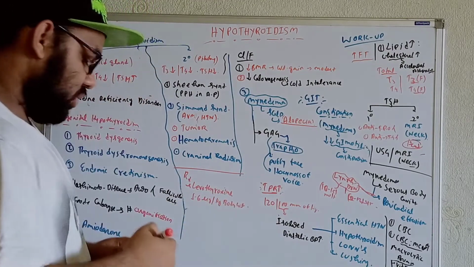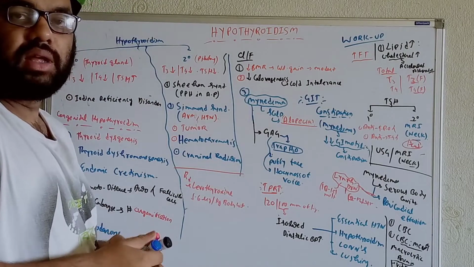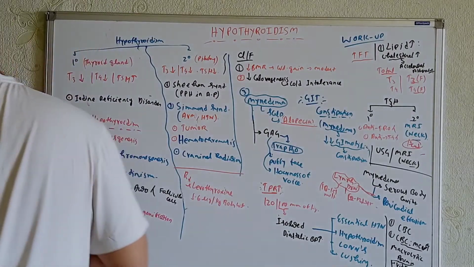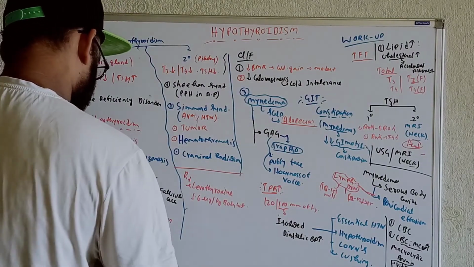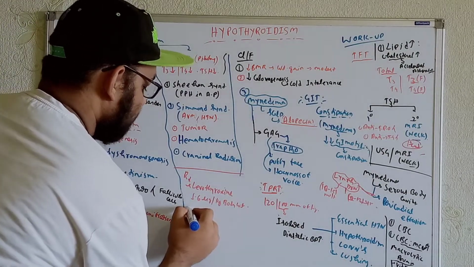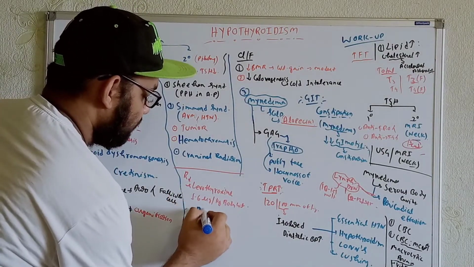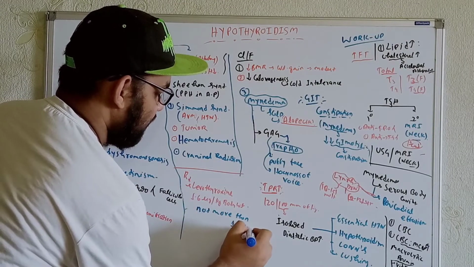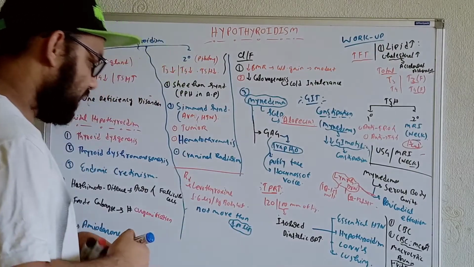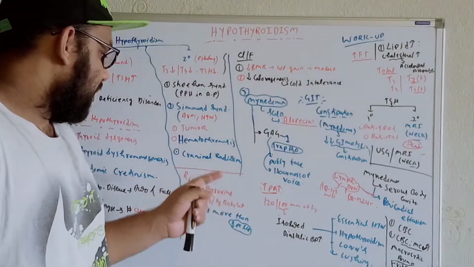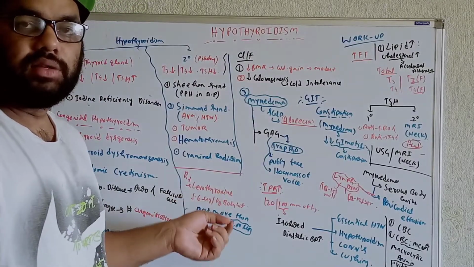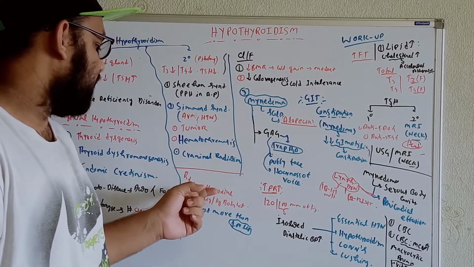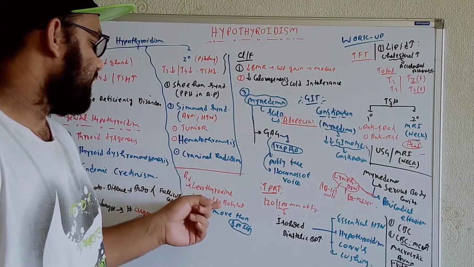And we have to also make sure that we are not increasing the dose more than 100 microgram. Because try to understand, in terms of the hypothyroidism, we have to use the levothyroxine, and the dose for the levothyroxine will be 1.6 microgram per kg of the body weight.